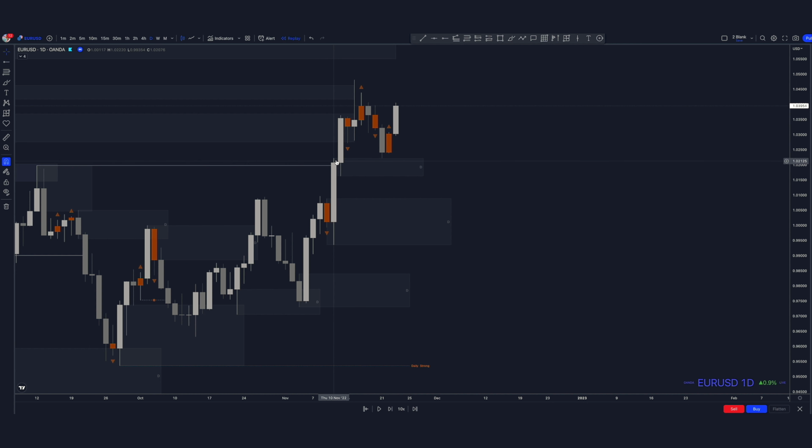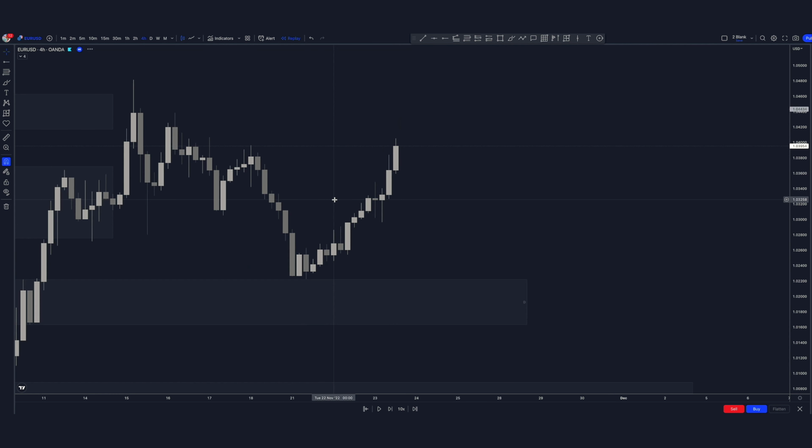The high of that candle is 0.222 and the low of this candle is 0.227. Oh, sorry about that. Let me use this, it's going to be easier. 0.220. So yeah, it didn't really mitigate it. It didn't get to there.